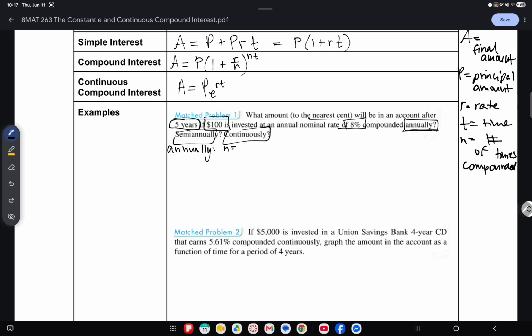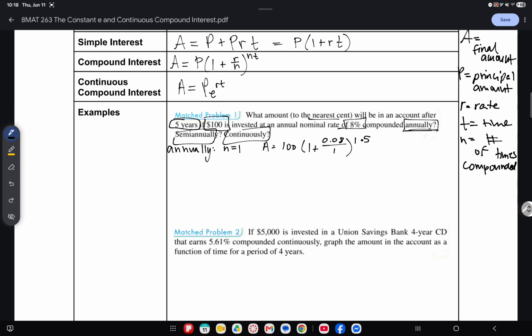So that's going to give me an n equals 1. So I have an amount, that initial $100. My rate I need to use as a decimal. So instead of 8%, I'm going to use 0.08. n is 1, and the time is 5 years, right?